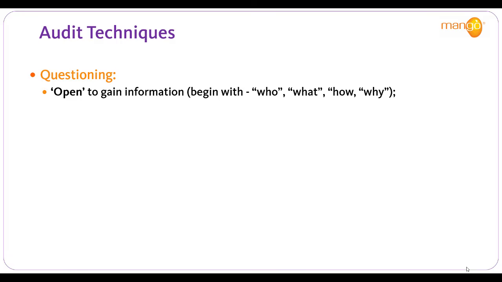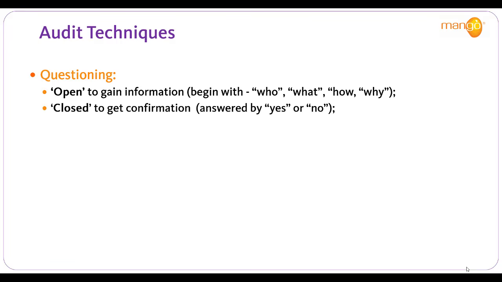Begin with who, what, why or how, or even "show me" could be a good one for an open question. Rather than a closed question that may not elicit a lot of information, you want to ask more open than closed questions. You can ask closed questions, but purely just to get confirmation that something's right or wrong, a yes or a no.